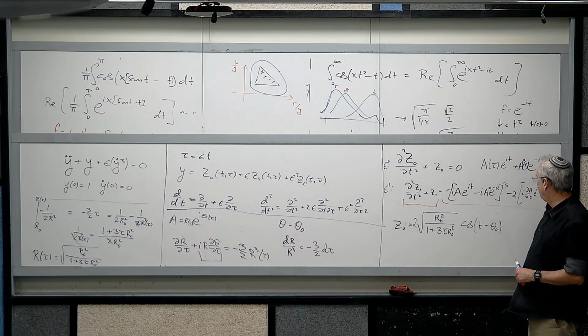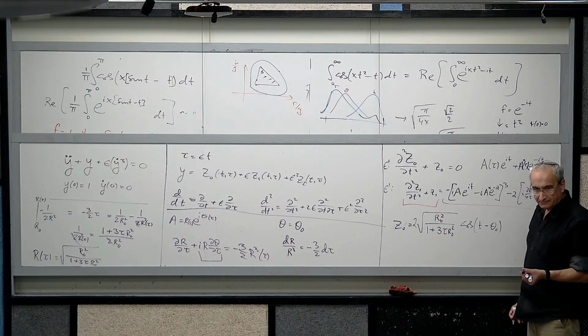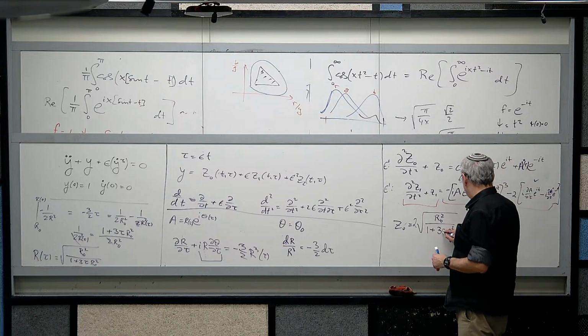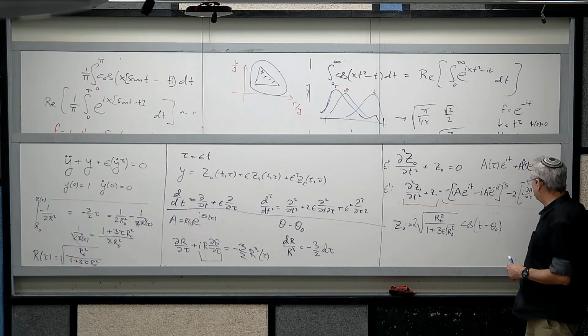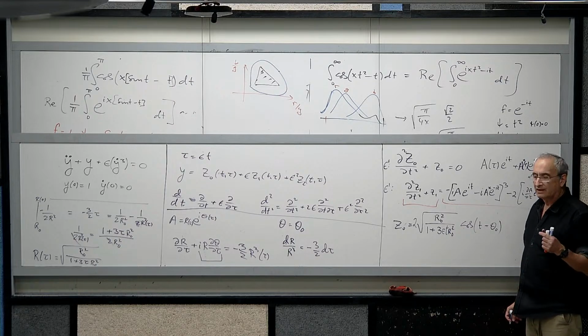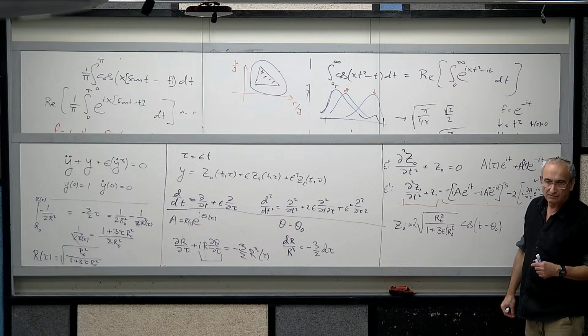And now I can change tau back to epsilon t. Right? And I would like to satisfy the initial condition.